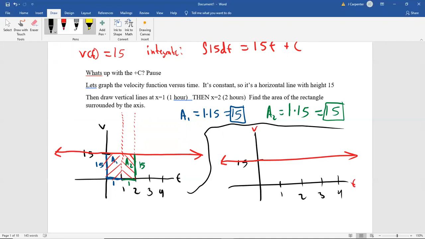Then we're going to go from 0 to 2. I didn't do the dotted line along the axis the first time. It's not really important. I mentioned it. We're going between 0 and 2, so we're finding this area.